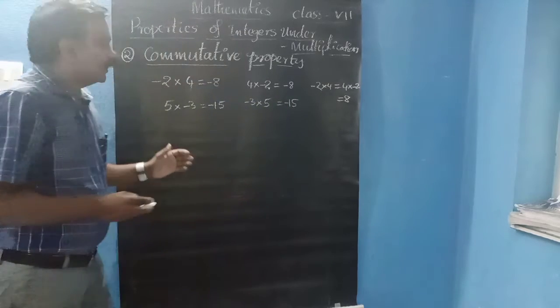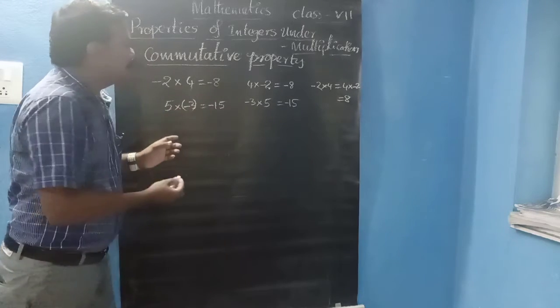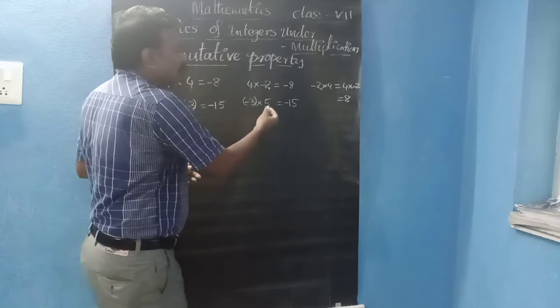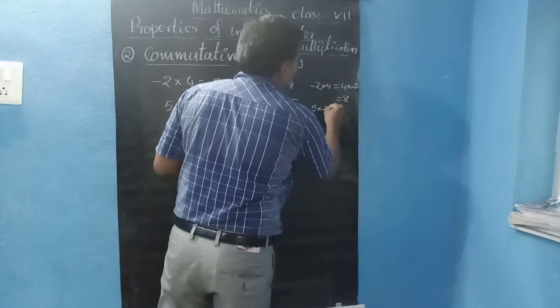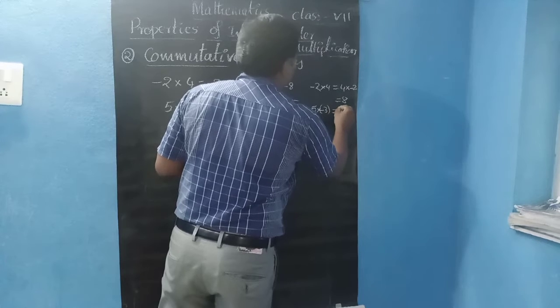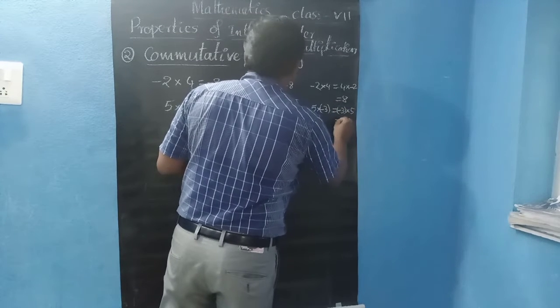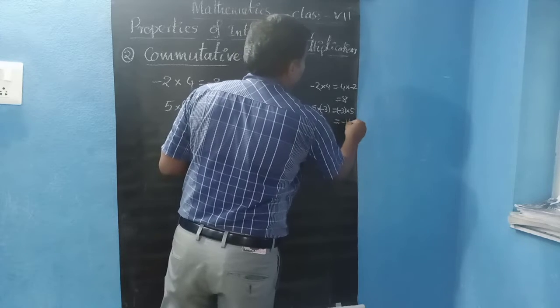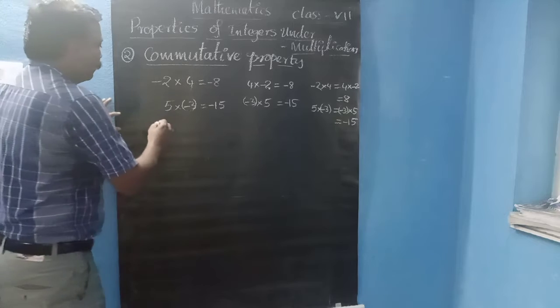What is the conclusion, children? 5 into minus 3 is equal to minus 3 into 5, the same answer, minus 15. Okay, understand? I will give you one more example.